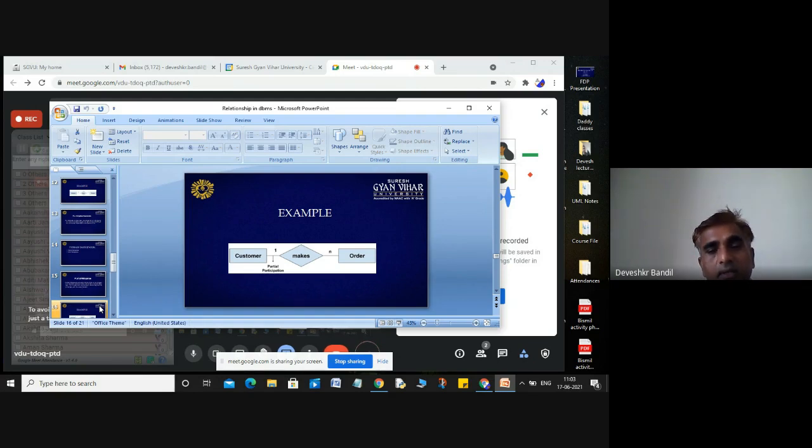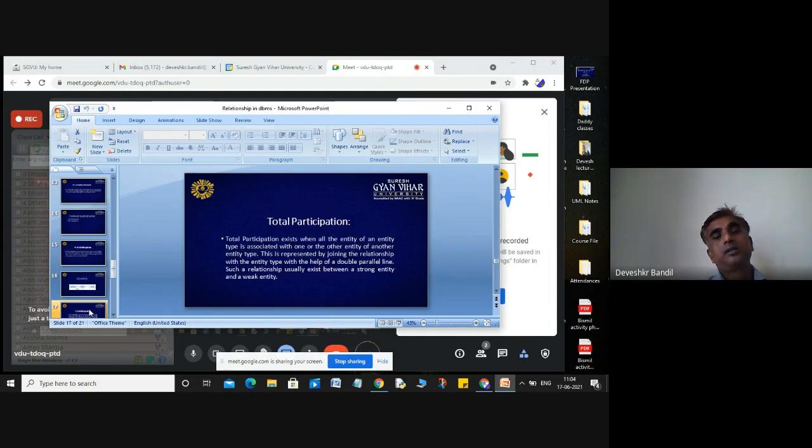In this example, customer is one entity and order is another entity, and the relationship between the two entities is one to many. So that is partial participation according to the definition of partial participation.